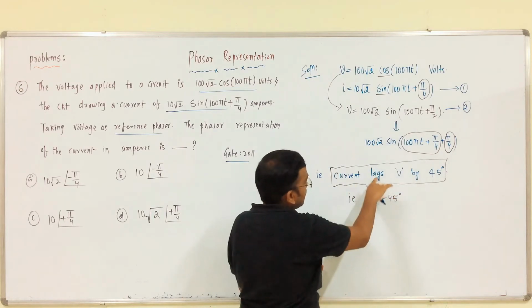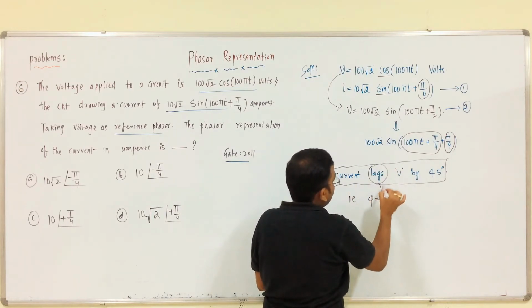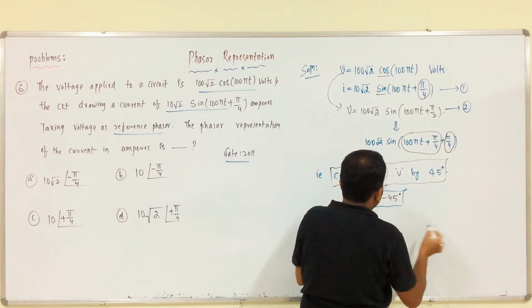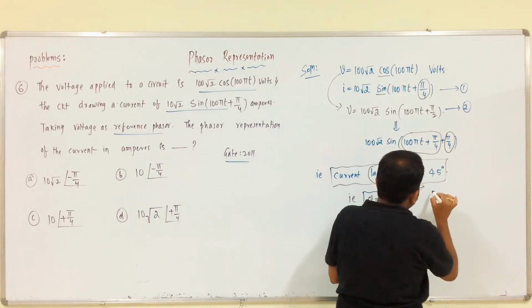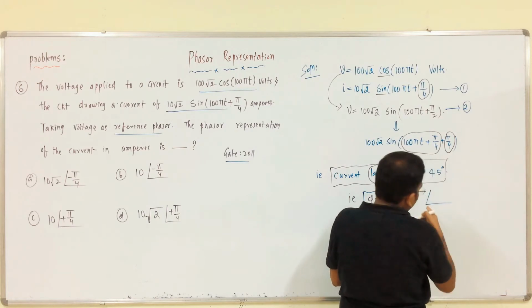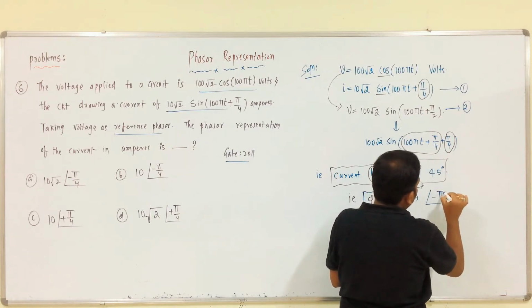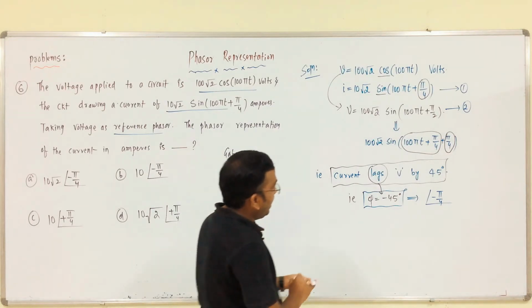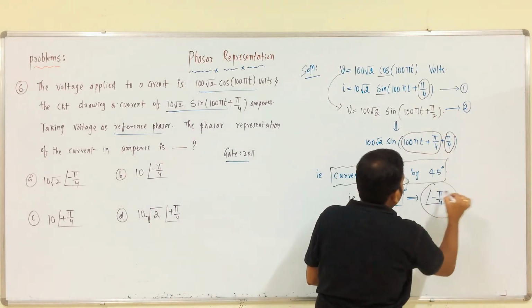Why is it minus? Because it lags, right? Phi is equal to minus 45 degrees, which is represented at an angle minus pi by 4. Clear?